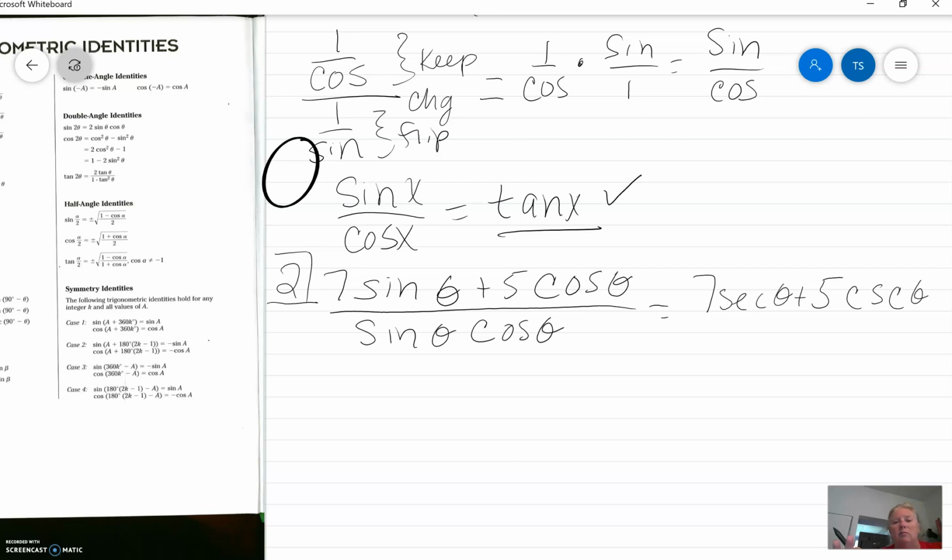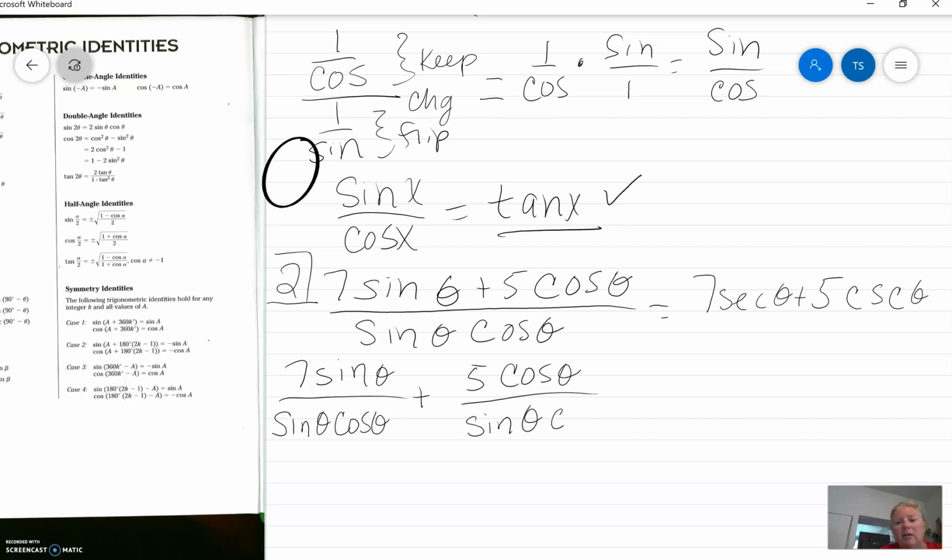That's when we split it and write it as two different fractions: 7 sine theta over sine theta cosine theta plus 5 cosine theta over sine theta cosine theta. At this point, we are able to cancel.